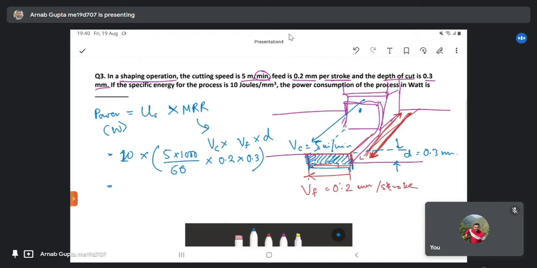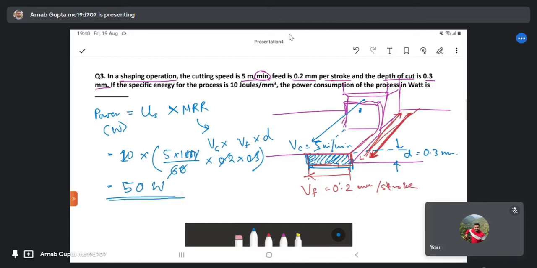So you'll get somewhere around, I think, 0.6. So 6 by 10. It is around 50 watts.